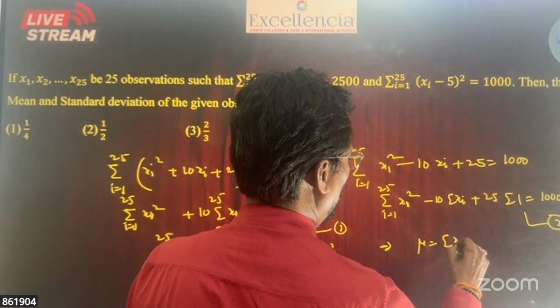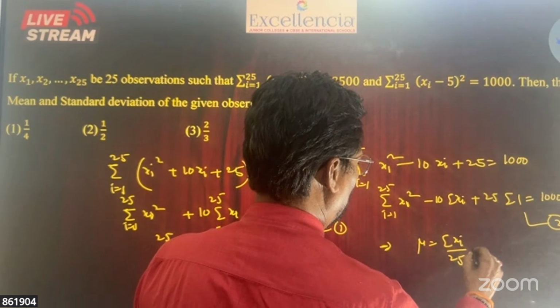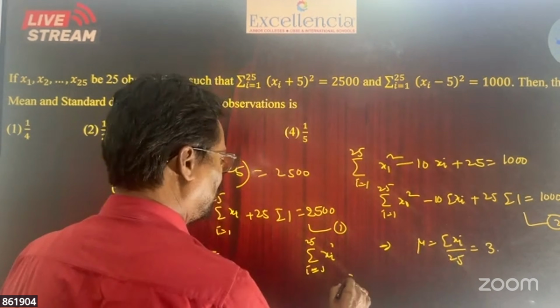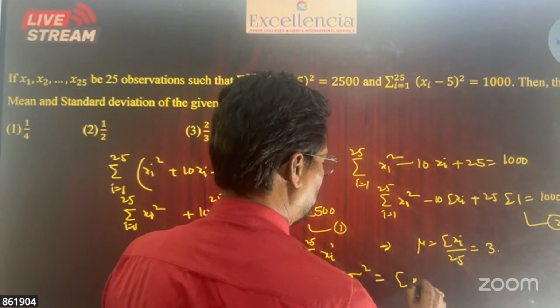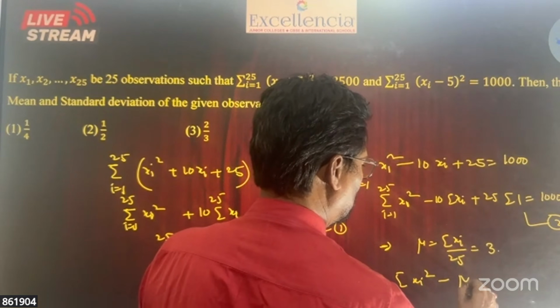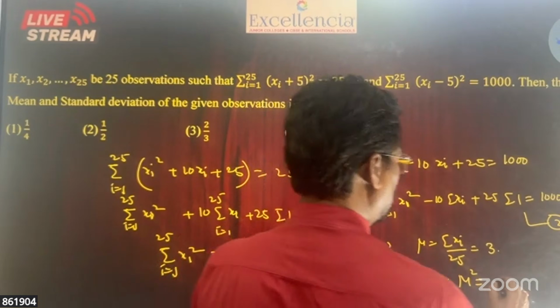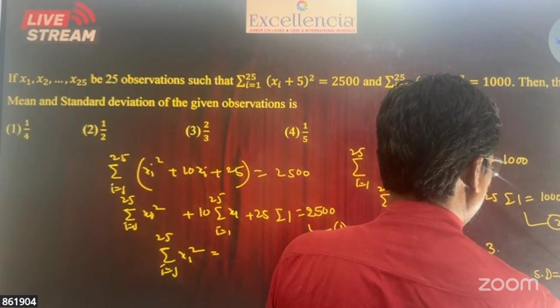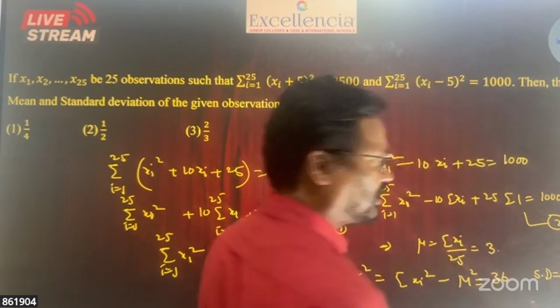Mean is sigma xi by 25. This becomes 3. And the same way, if you write the variance, this is sigma xi square by 25 minus mu square. This becomes 36. But they are telling the standard deviation, that is why under root of 36 is nothing but 6.